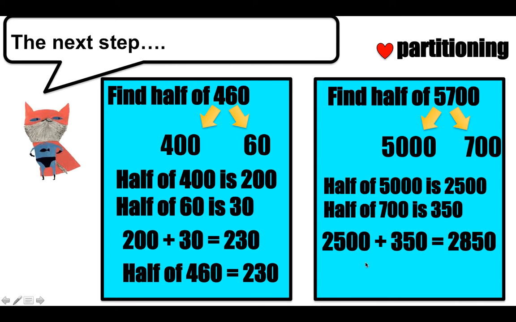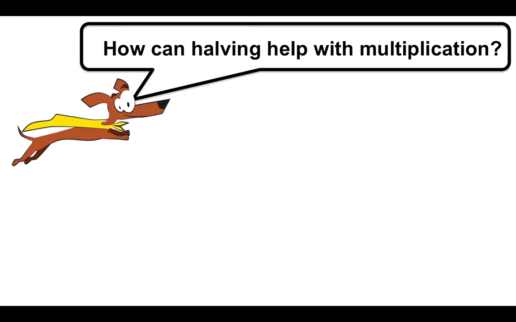And again, if I add these two numbers back together, 2,500 plus 350, I get 2,850. So half of 5,700 is 2,850, and these are things that I can do in my head, keeping these numbers in my head as I go along. The reason I've written these down for you is so that you can see the process of thinking very clearly.